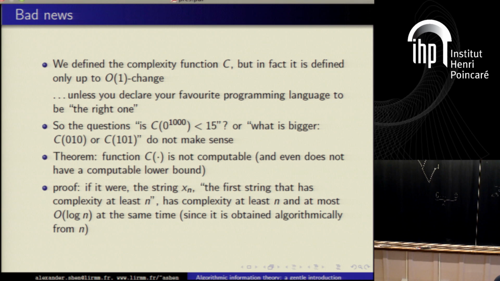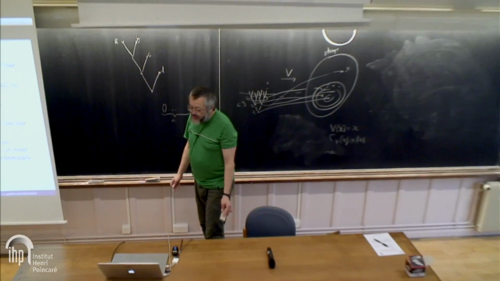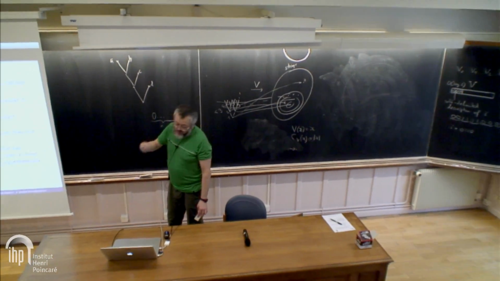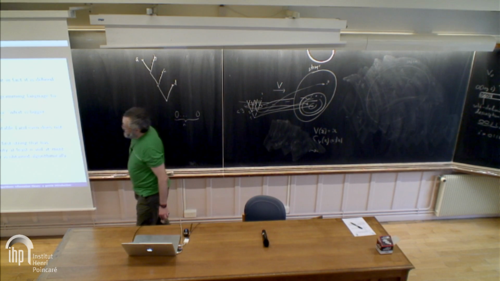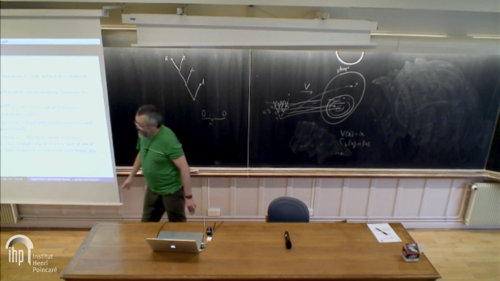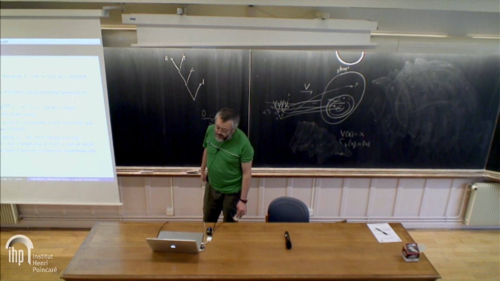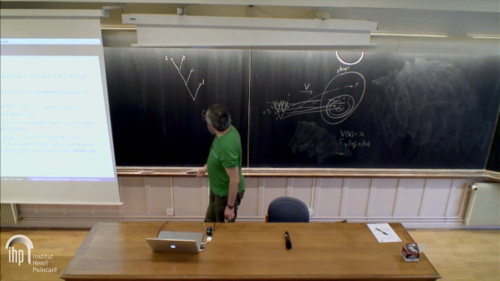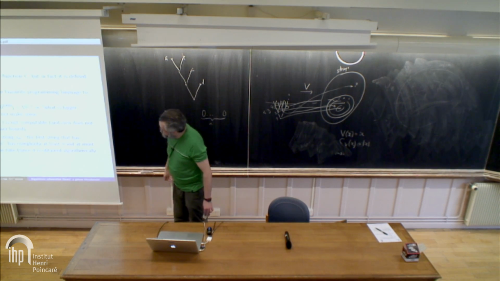Then of course for any number n you can search for a string whose computed complexity is at least n. So you can define such a string x_n. If you can compute the complexity of every string, you can just search through all of them and at least one is found, and it should be found because only finitely many strings have small complexity.